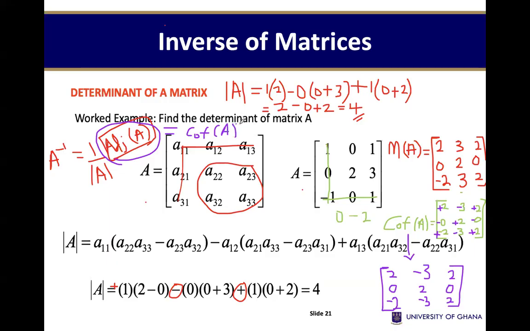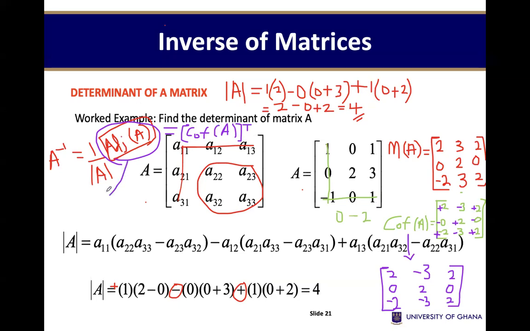Just transpose the whole result you have had, and it will give me the adjoint. So once I'm able to get that, all I'm going to do is pick 1 over the determinant of A. And what did you get for the determinant? I got 4. So after transposing it, that now gives us the adjoint.